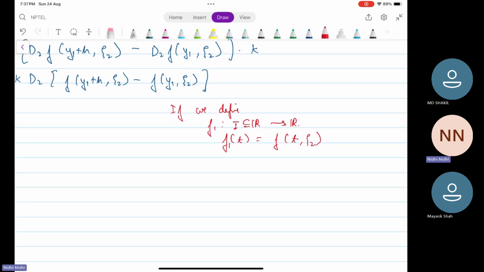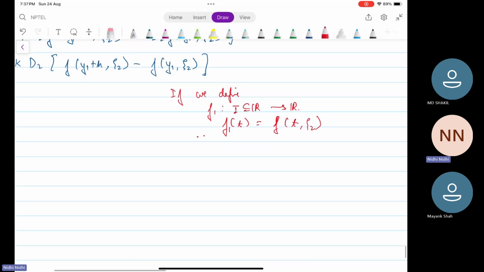So in this case we are defining f1, which has the first component as the variable. Since d1 f exists, we can apply the mean value theorem on f1. By the mean value theorem, there exists some zeta 1.